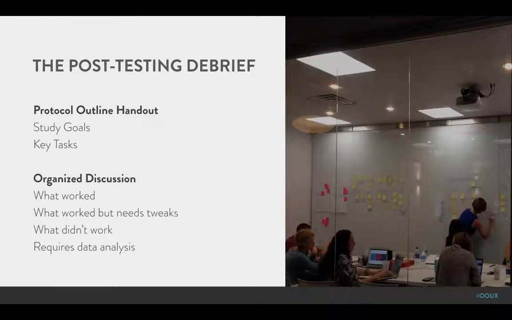Hand that out to everyone, and then we'll do kind of a whiteboarding or post-it work session. And we have 4 different categories: what worked but needs tweaks, what didn't work, and then another area for things that actually require more thorough data analysis. There's not a clear observation just based on what we saw the day before.